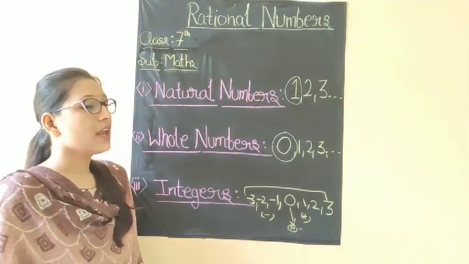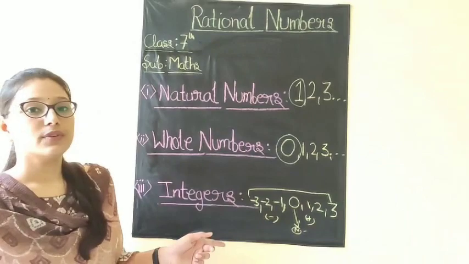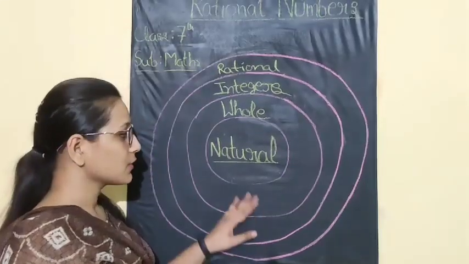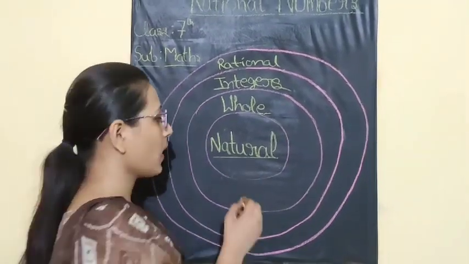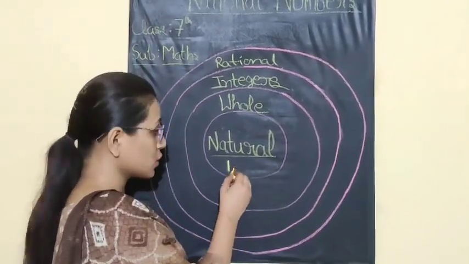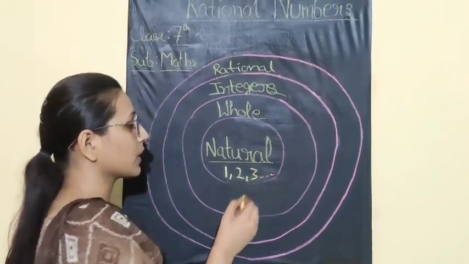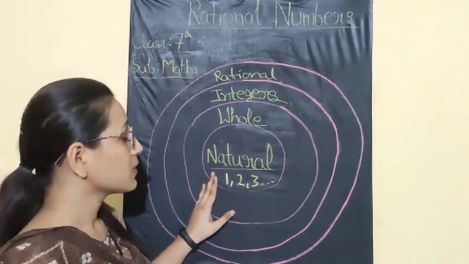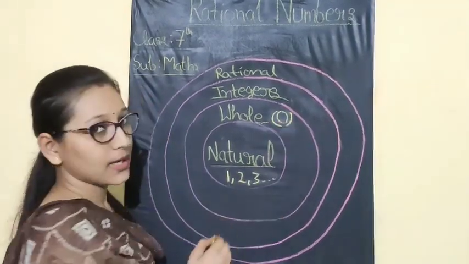Let us now study all these three terms with the help of a Venn diagram. So, we know that natural numbers start from 1, like 1, 2, 3 and so on. If we add 0 to natural numbers, it will become whole numbers.